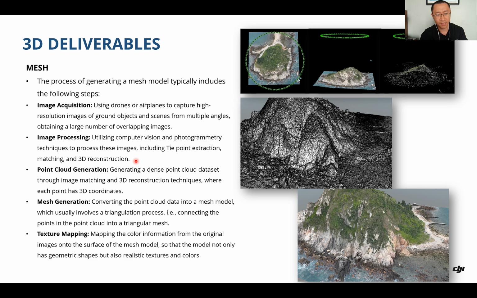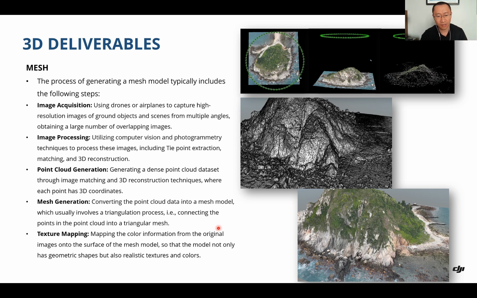The next part is the point cloud generation, generating a dense point cloud dataset through image matching and 3D reconstruction technology, where each point has 3D coordinates. After that, we can do the mesh generation, converting the point cloud data into a mesh model, which usually involves a triangulation process, connecting the points in the point cloud into a triangle mesh.